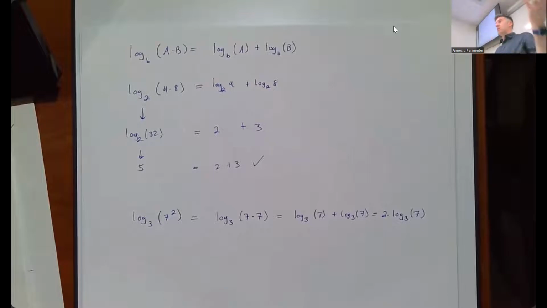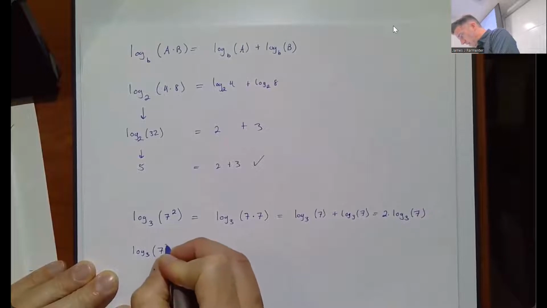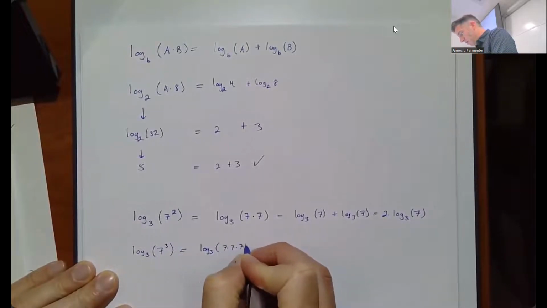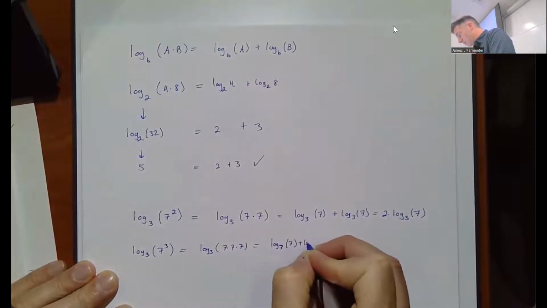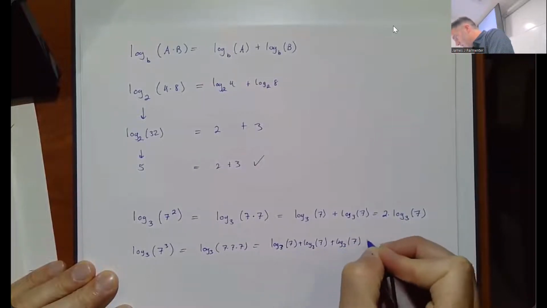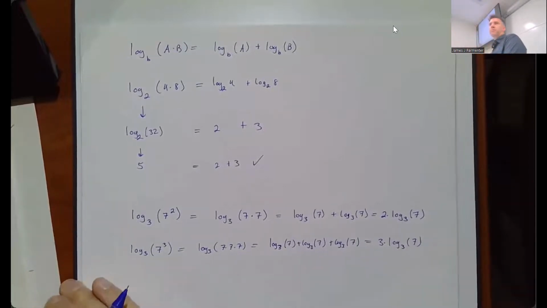And we could continue on. You could have log base 3 of 7 cubed, and that's log base 3 of 7 times 7 times 7, which is really log base 3 of 7 plus log base 3 of 7 plus log base 3 of 7, which is indeed 3 times log base 3 of 7. So the power rule totally works.